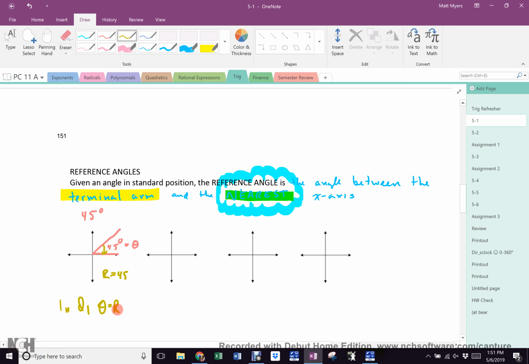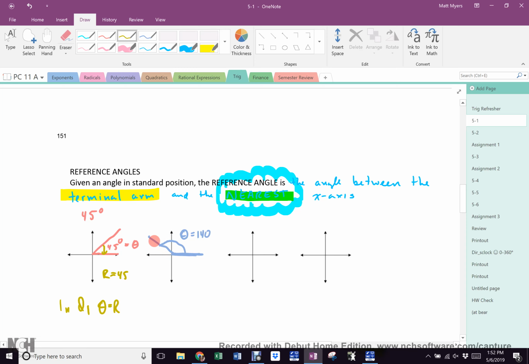Everybody cool? All right. Now, somebody give me a number between 90 and 180. 140. Tell me when to stop. Where is theta? On the right or left? On the right. And how big is theta? 140. Where is the reference angle? Where's the terminal arm?